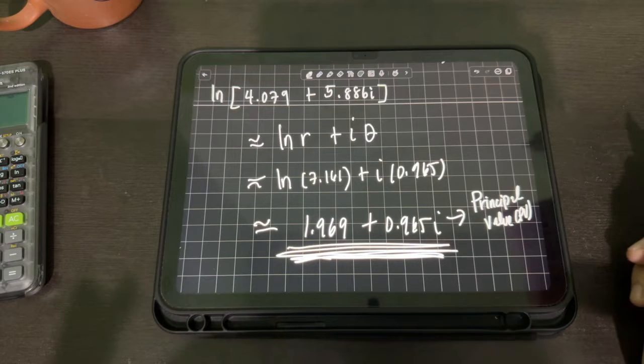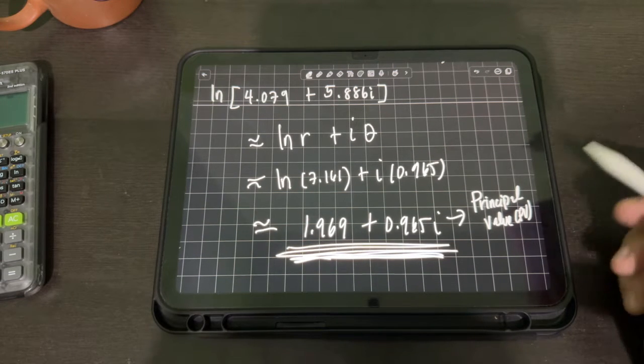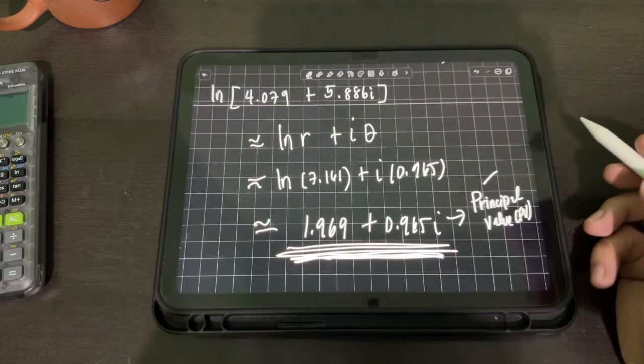Remember, ln is multi-valued. You can have the principal value and the general value. So since arcsinh involves ln in the formula, arcsinh is also a multi-valued function, right? So you can get a principal value and a general value.